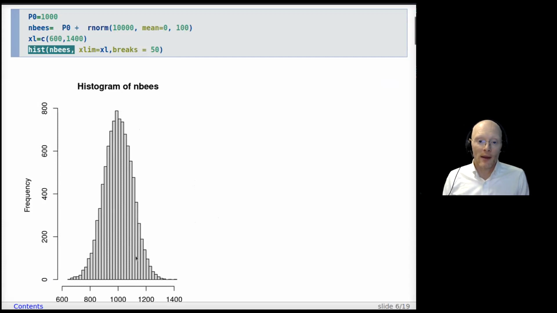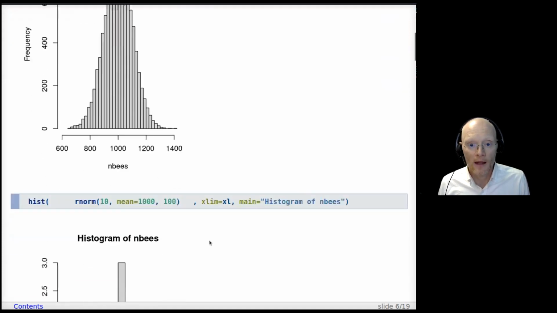As you may remember from knowing about the bell curve, 95% of the bell curve is within 2 standard deviations of the mean. So here's 1,000, standard deviation is 100. That means between 800 and 1,200 are 95% of the hives. Okay, so that's just features of this normal distribution.